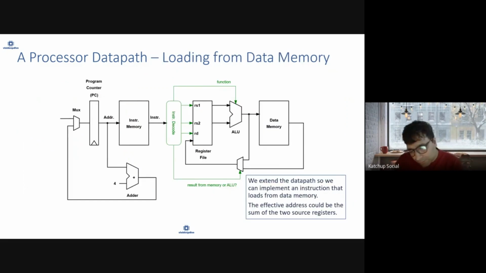Now, another thing which can happen is loading from data memory. Okay, what is that? The result is going to be coming from a data memory. We can extend the data path so that we can implement the instruction that loads from data memory.